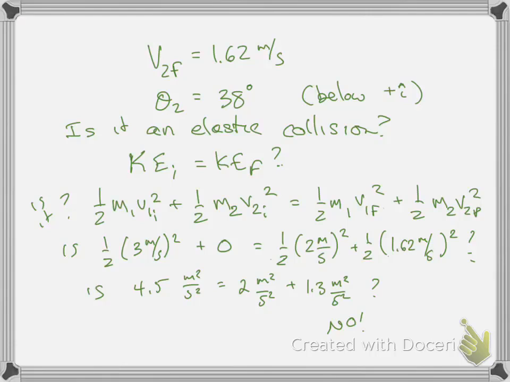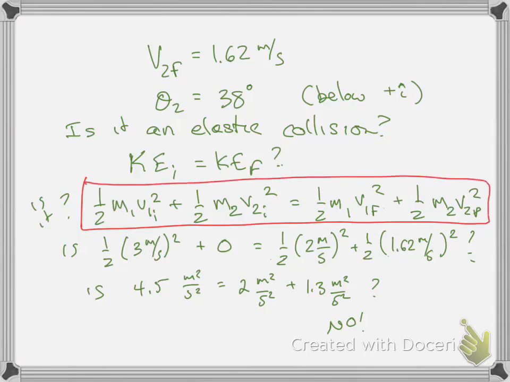What if it was an elastic collision? Then this statement here would be true, that the kinetic energy before would equal the kinetic energy after, and we could use that as additional information. Let's say there was something else we didn't know.